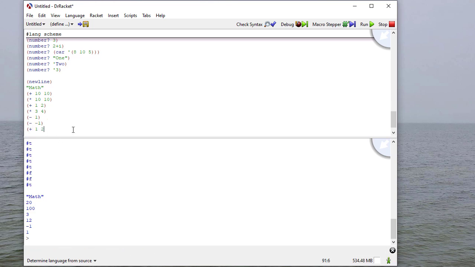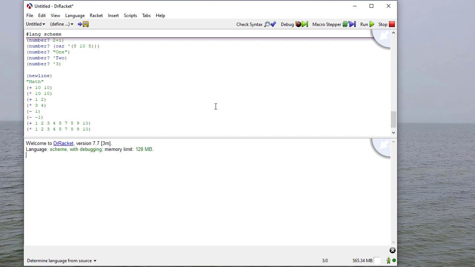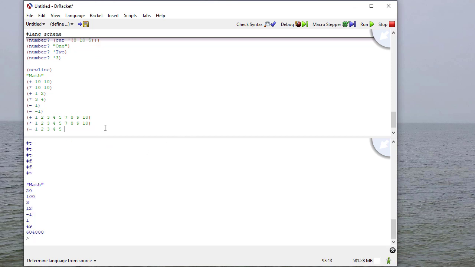We can add multiple numbers together at once. And we can also multiply multiple numbers together at once. We can also subtract a bunch of numbers at once.